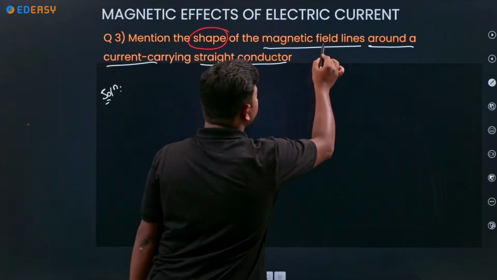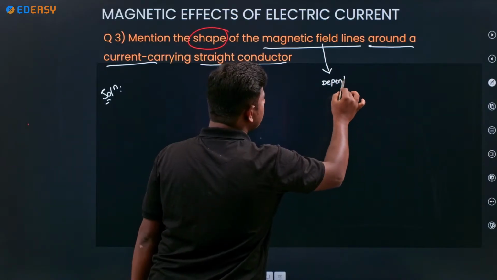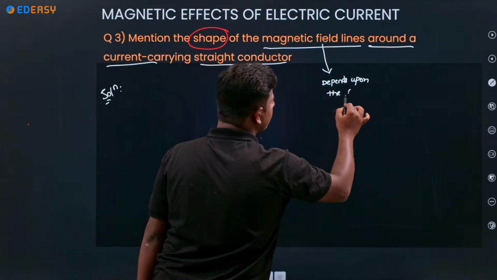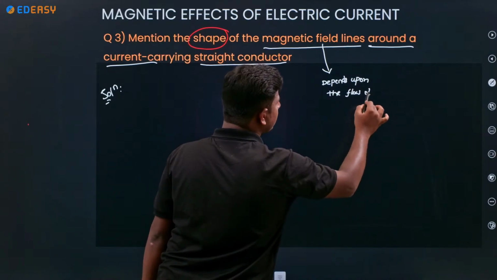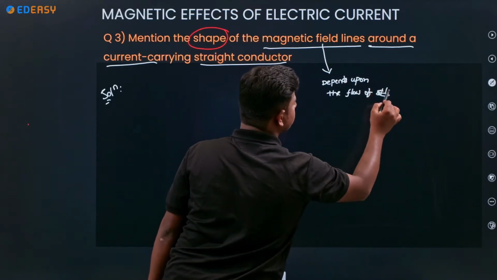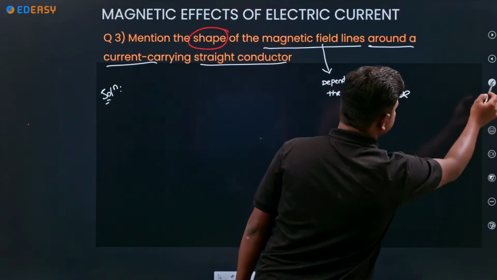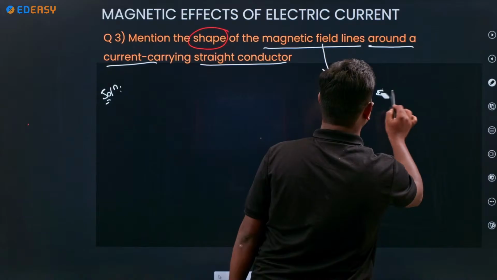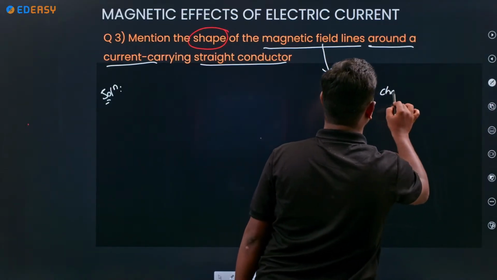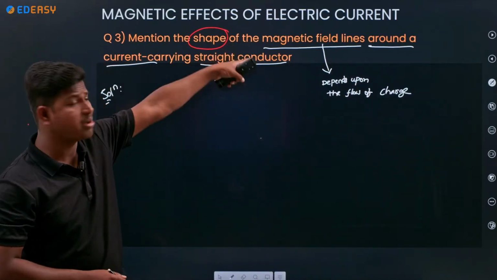The magnetic field depends upon the flow of charge.